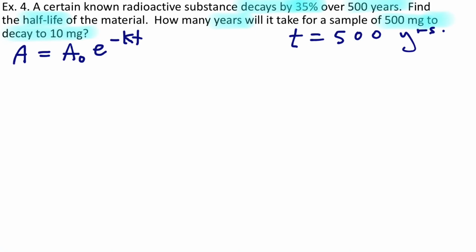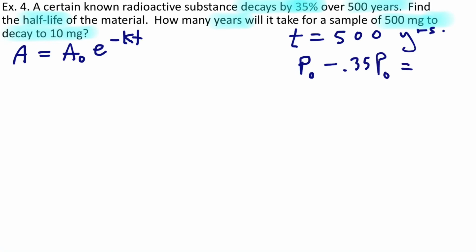So what this 35% decay is telling you is that if you started out with an initial amount of P0, you've lost 35% of that P0 over 500 years. So think about it this way. You've lost 35% of that amount.